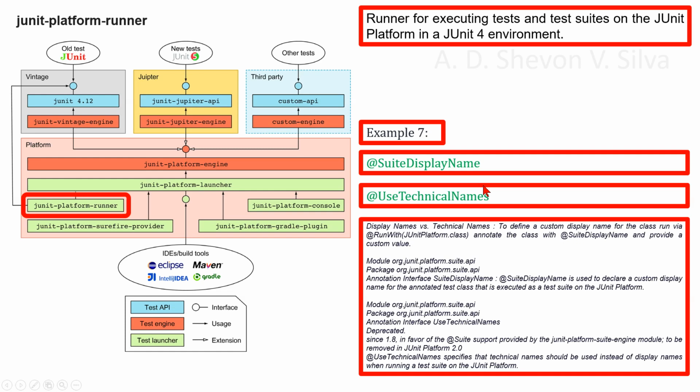To enable technical names for reporting purposes, declare @UseTechnicalNames annotation alongside @RunWith(JUnitPlatform.class). Note that the presence of @UseTechnicalNames overrides any custom display name configured via @SuiteDisplayName.